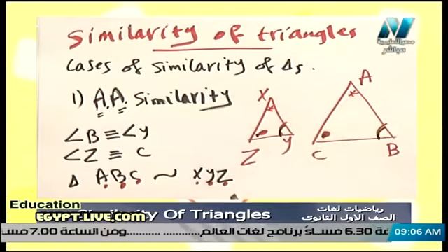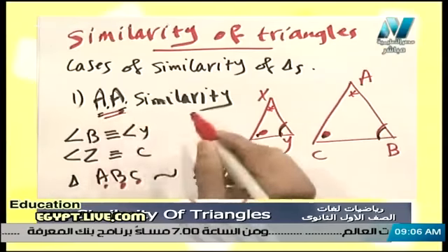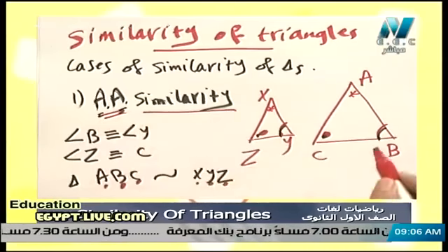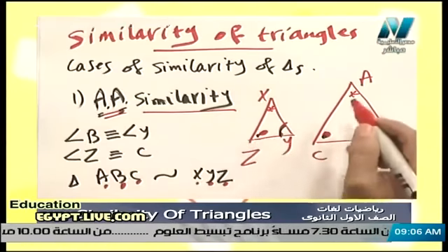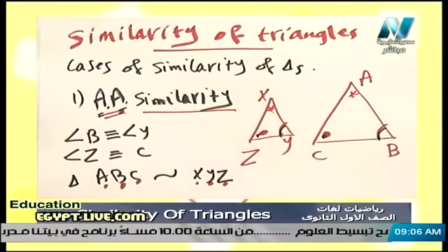So for AA triangle similarity, it is enough to prove that two angles here equal two angles here, because the third angle equals the third angle.